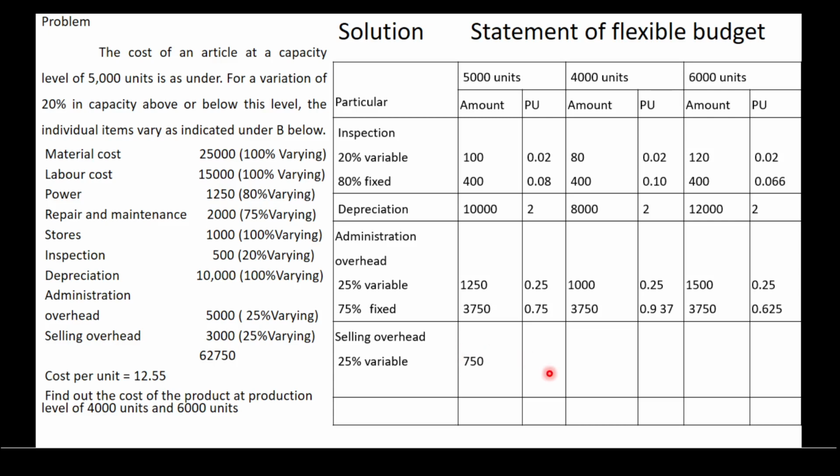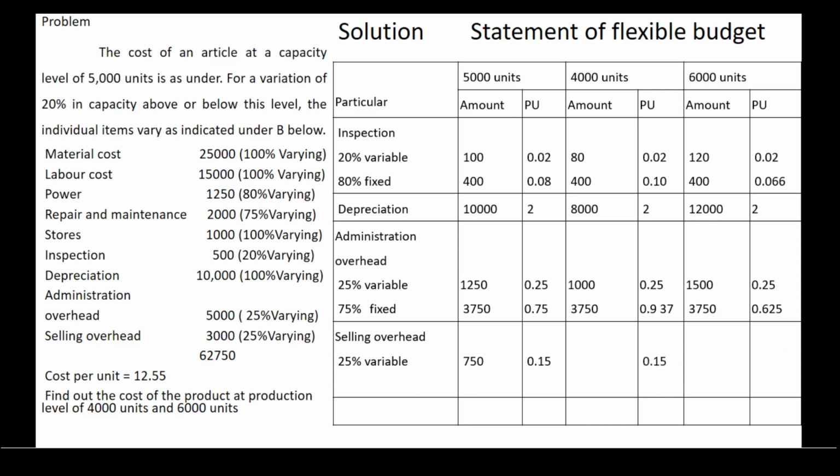And also we calculate the cost per unit as 750 rupees divided by 5000 units. So now the cost per unit is 0.15. So this is the variable. Here the cost per unit is the same in all capacity levels.